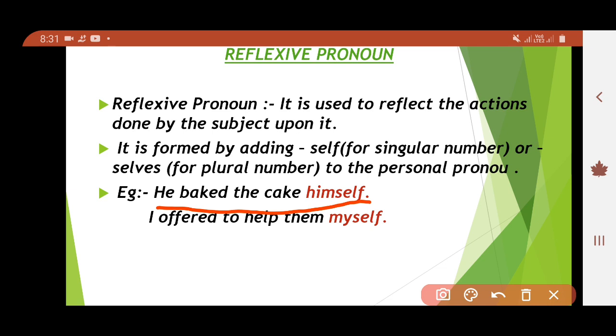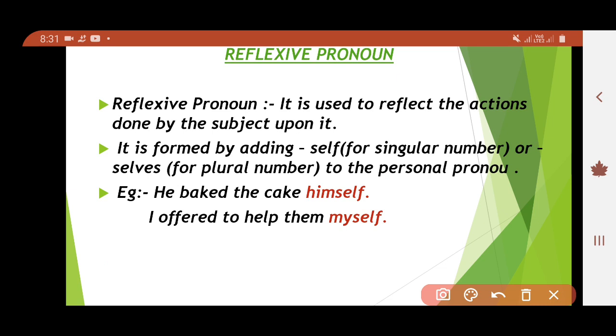That means he is the subject here, and he is doing an action upon himself. What is the action? Baking the cake. It is clearly shown here by himself. So by this sentence we can come to know that he is doing an action upon it.